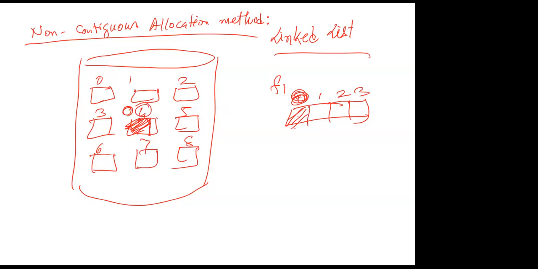Then the one number block, since it is non-contiguous, can be allocated at any place where there is space available.